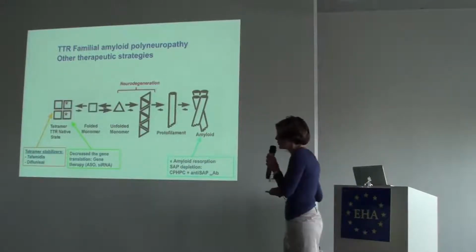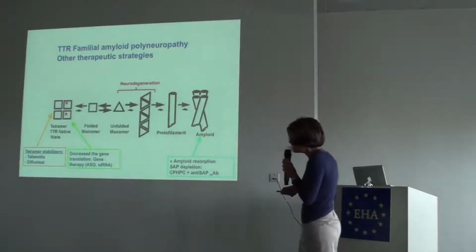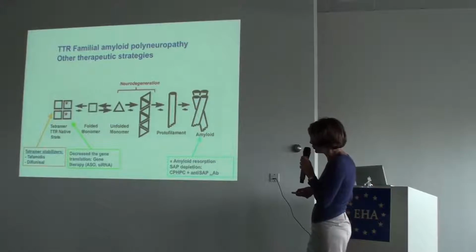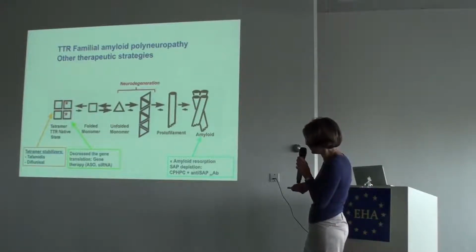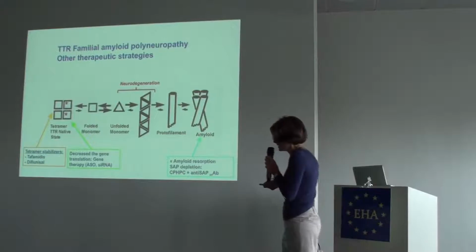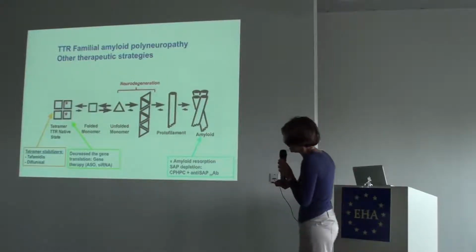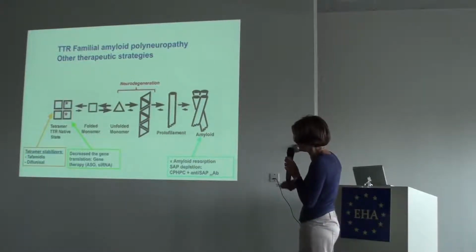Diflunisal, an old anti-inflammatory drug, has also been shown to slow the neuropathic process in a larger population.